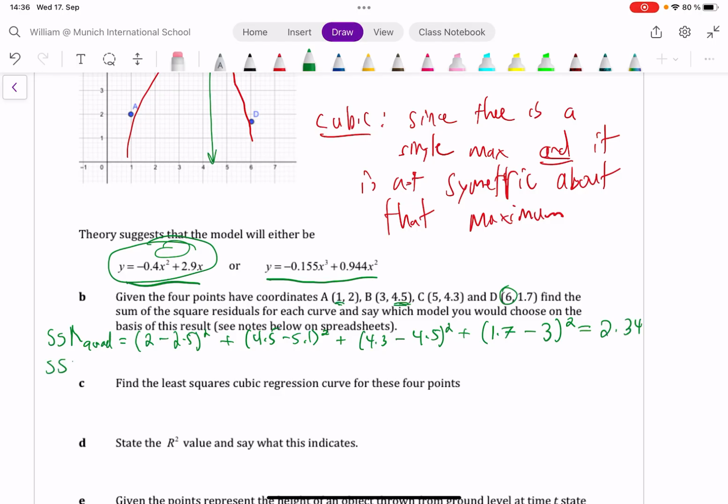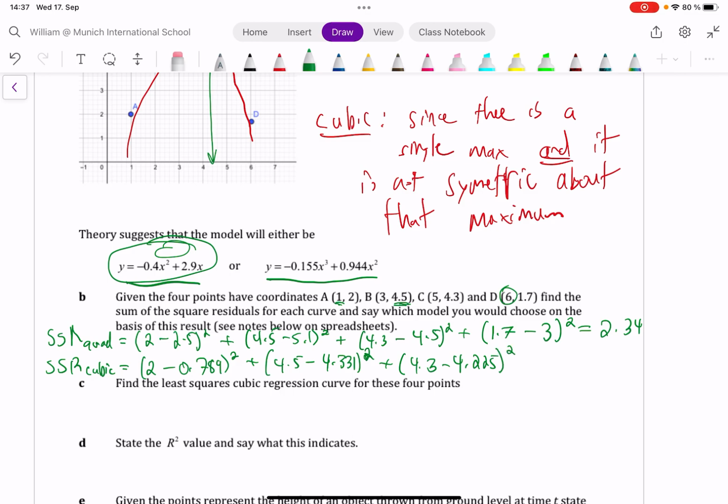And so then I would do a similar thing with the sum of the square residuals for the cubic one, always starting with the actual y value. That's what I've chosen. And then when I put those values in, I get minus 0.789, that squared, then the actual y value of 4.5 and its difference with 4.331 squared, and then 4.3 minus 4.225, right?